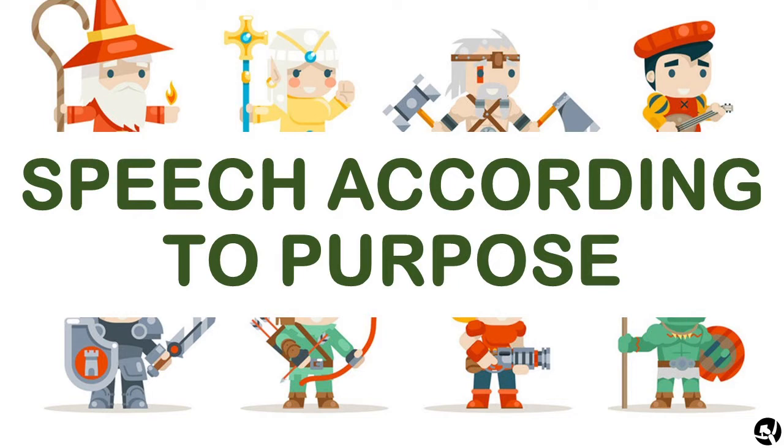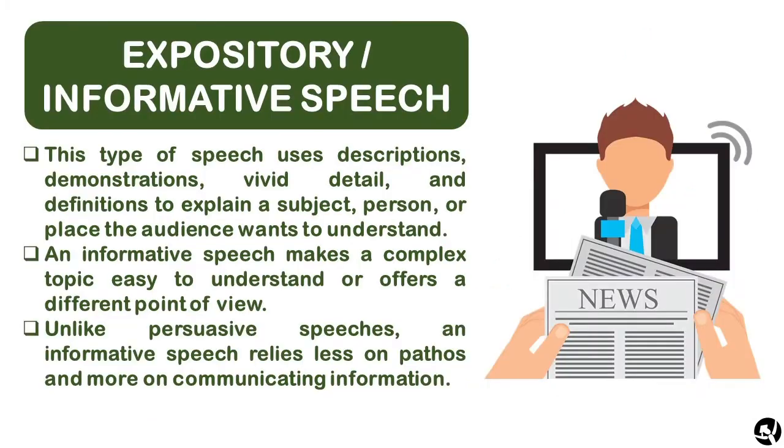The speaker, through the speech, can make one think, change one's mind, smile, or laugh. The purposes of speech are studied in order to deepen one's knowledge and learn how to apply them in one's own speech. The 3 types of speech according to purpose are expository or informative, persuasive, and entertainment.